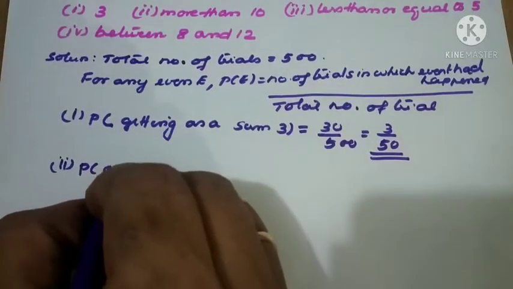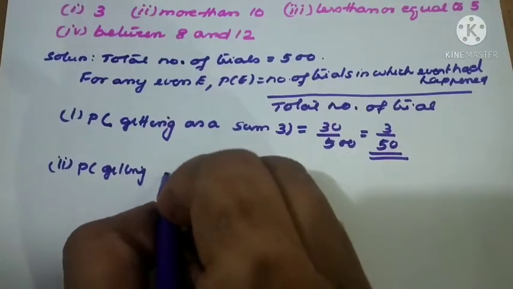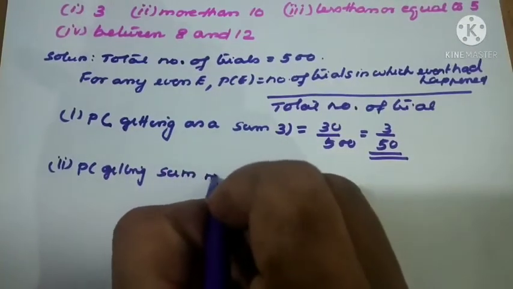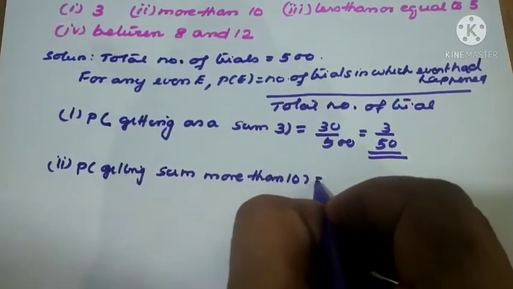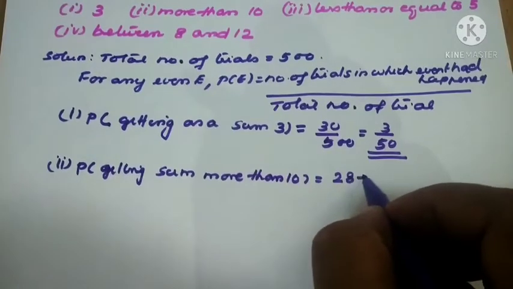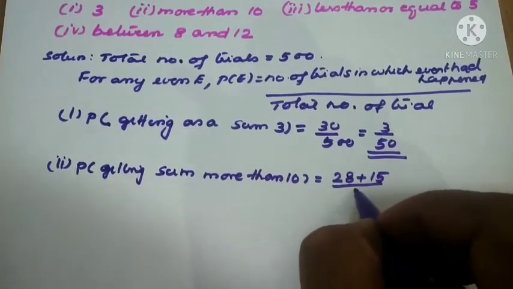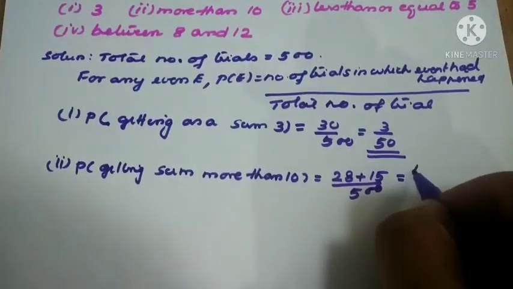P of getting a sum more than 10 equals 28, for 11, plus 15, for 12, out of 500. So that is equal to 43 by 500.